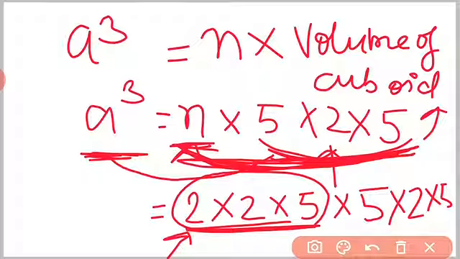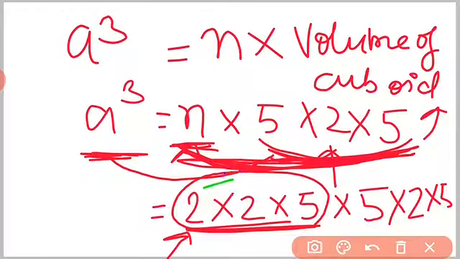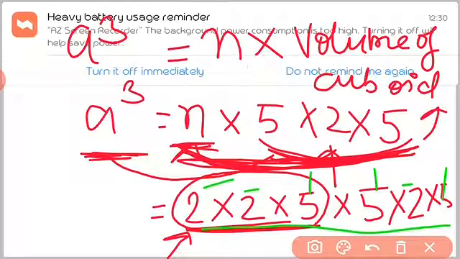Now we here see that we get triplets 2 2 2 and 5 5 5. We get triplet of 2 and 5. Therefore this side represents a perfect cube or a cube number.